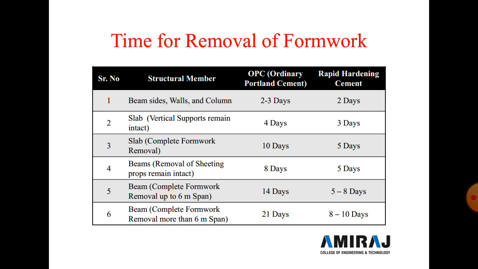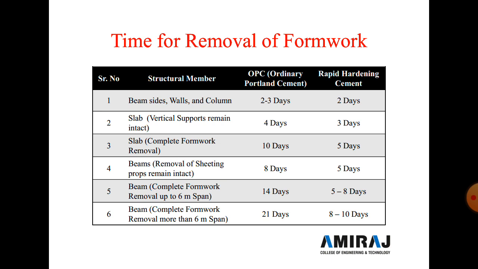And for slab, with vertical support remaining intact, 4 days is compulsory for removing the formwork, and in rapid hardening cement 3 days is required. For slab, complete formwork removal, after 10 days we remove the complete slab formwork, and for rapid hardening cement 5 days is required.